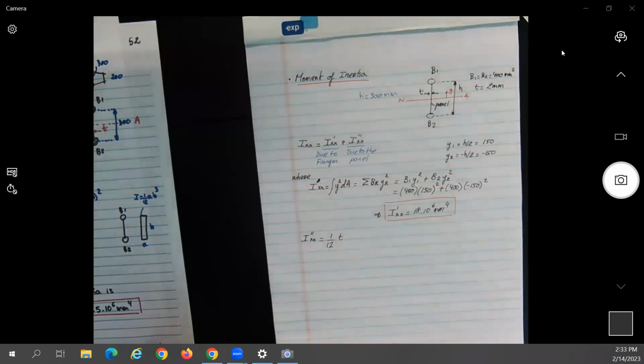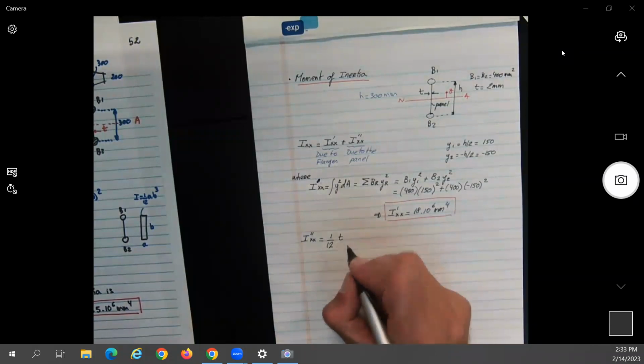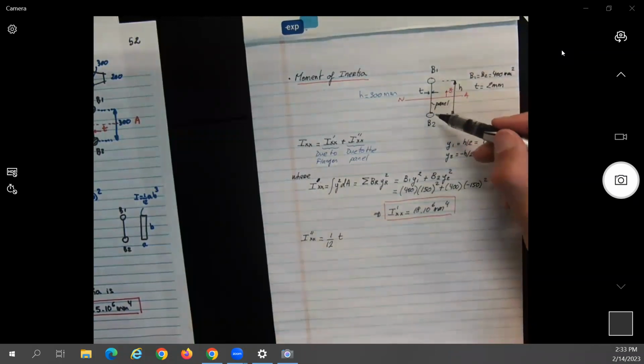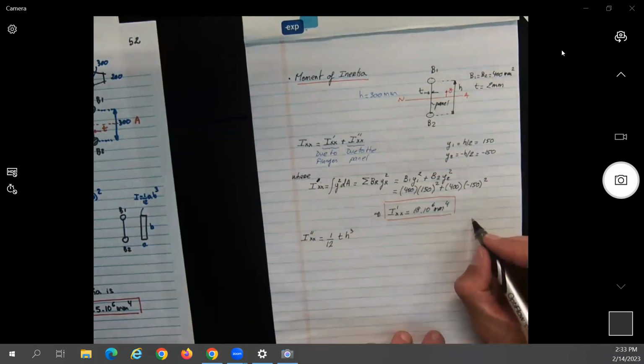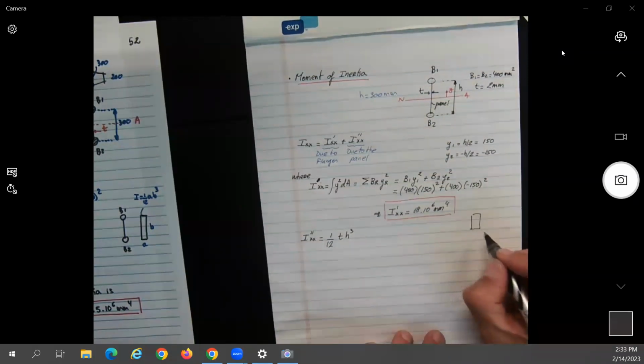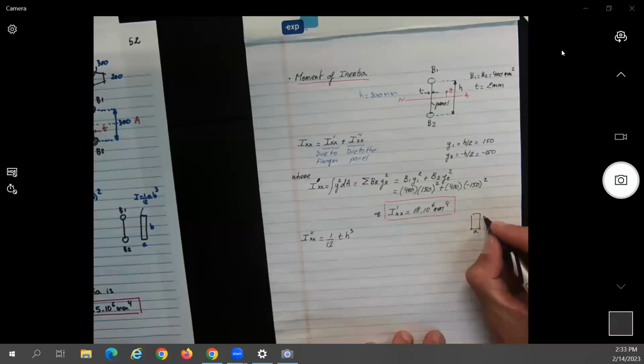T. And what will be the height? It would be the whole thing, no? So h cubed. Let me put something here, maybe some of your faces were not that clear. This is a, this is b. I is equal to what? 1/12 a b cubed, no?